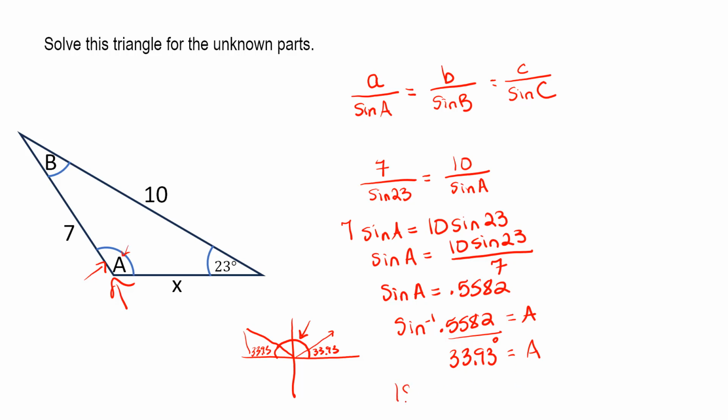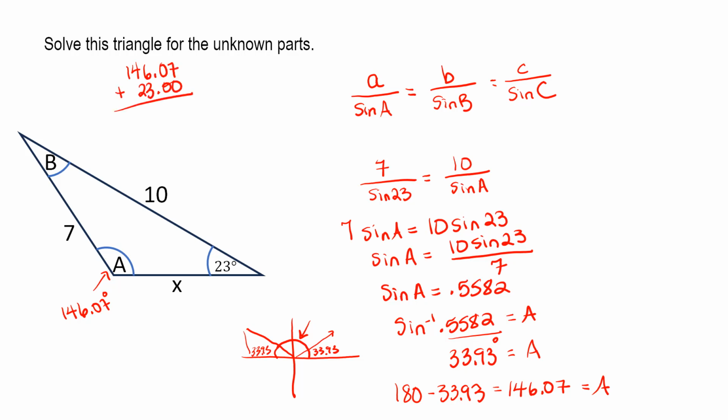So 180 minus 33.93 is going to give you 146.07 for A. And if you add 146.07 plus 23 degrees, you're going to get 169.07 degrees.